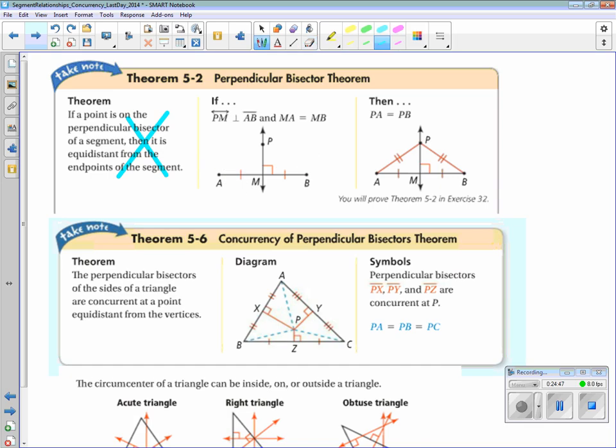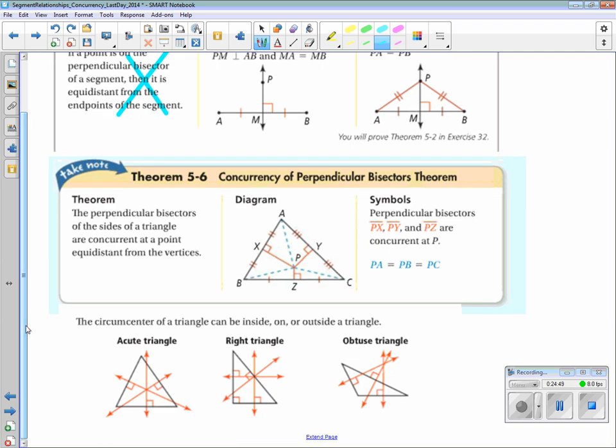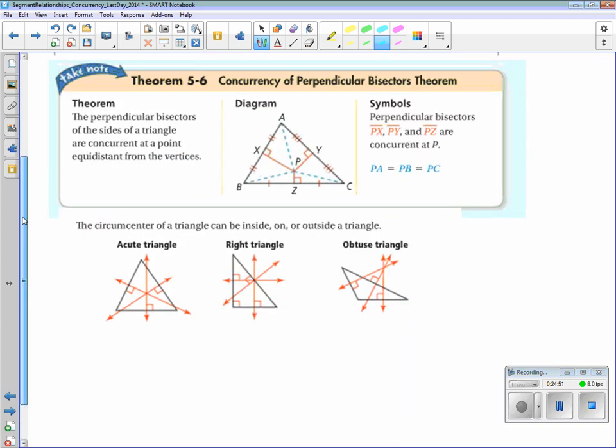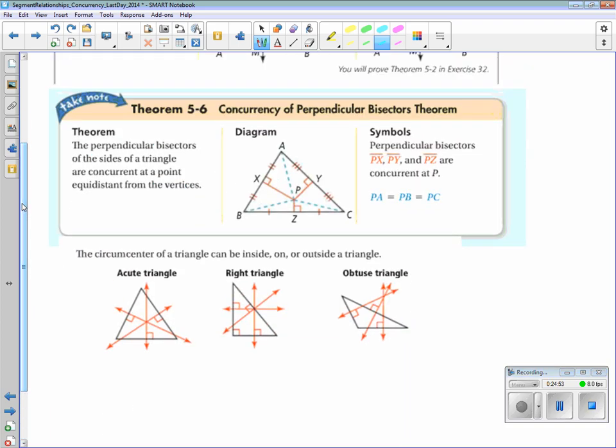But what I do want you to write is these last two. They need to go underneath the perpendicular bisector. So that's the top left, I believe, right? So right under here, you're going to write both of those things. Okay?